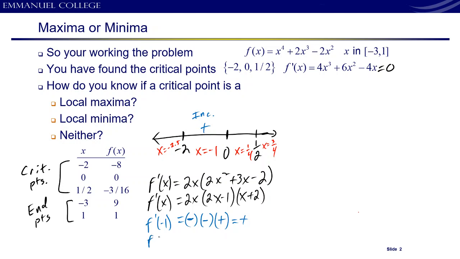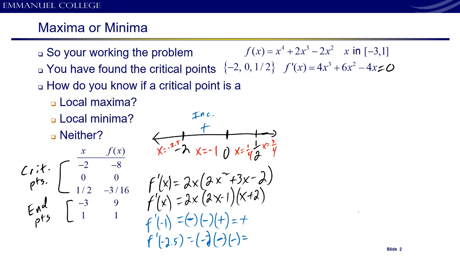Plug in negative 2.5. This will be negative. And again, I don't care what the value is. All I care about is the sign, positive or negative. Plugging negative 2.5 into here gives a negative, and then also negative.